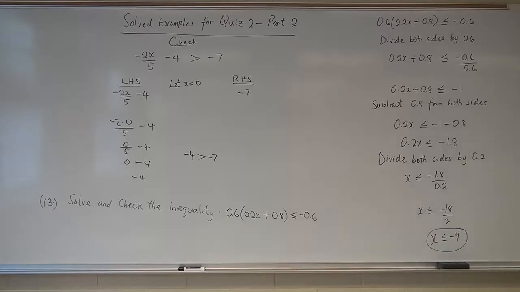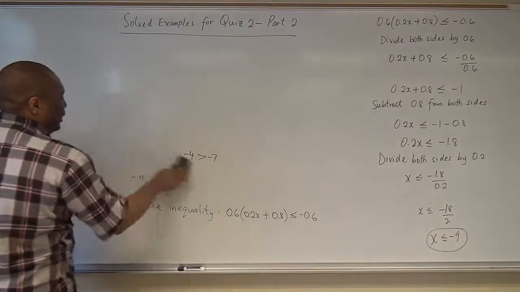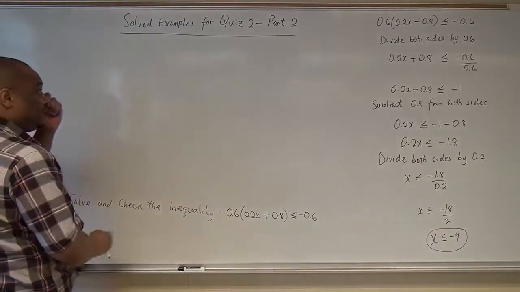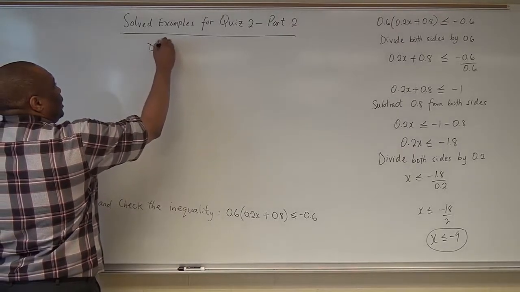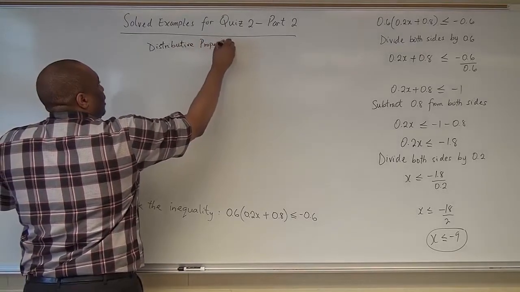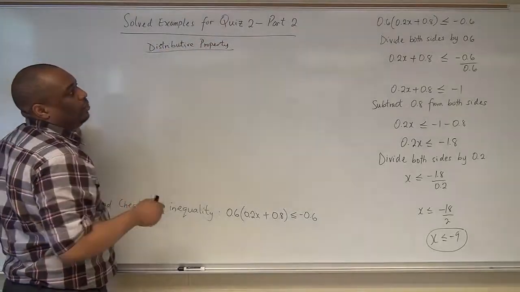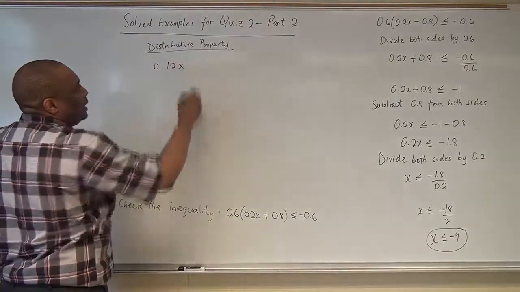But some of you might not want to do it this way. Some of you might want to do it by distributive property first. So we shall use that method. If we are using the distributive property, method 2, what we have is 6 times 2 is 12, and you have 0.12x.